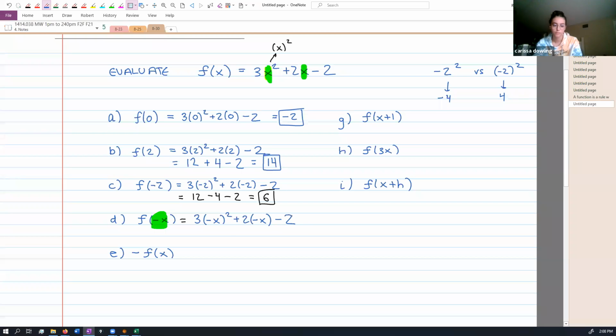Now, again, this -x in parentheses squared is very important. Because here, -2 squared, we actually know what -2 times -2 is: +4. For -x squared, we don't know what it is because we don't know the value of x. But would you agree that if you took -x and squared it, that is the same as x squared?